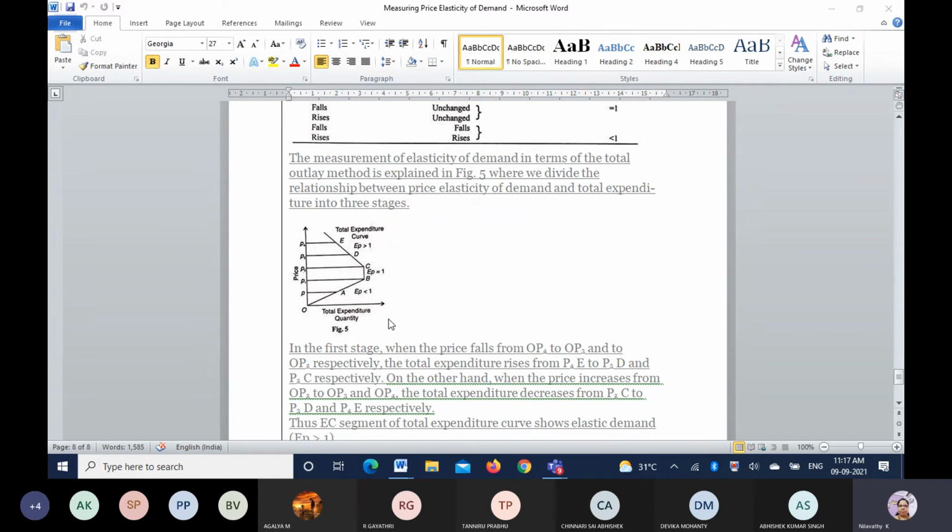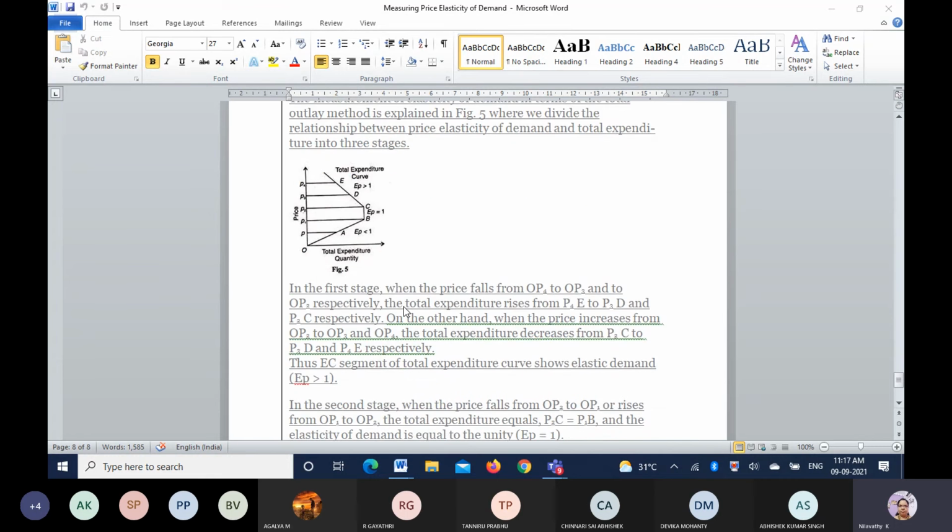It is not that when the price is declining, you are declining your consumption. You are increasing your demand, but in such a way that the total expenses increase when it has an elastic character, the total expenditure stays the same when it has unit elasticity, and the expenses decline when it has an inelastic character. That is the concept. So they have explained it with the total expenditure method.